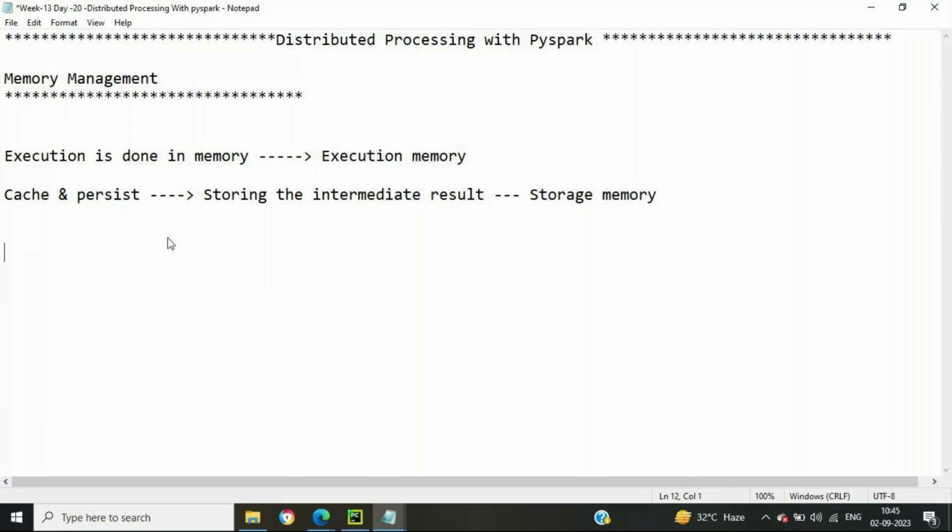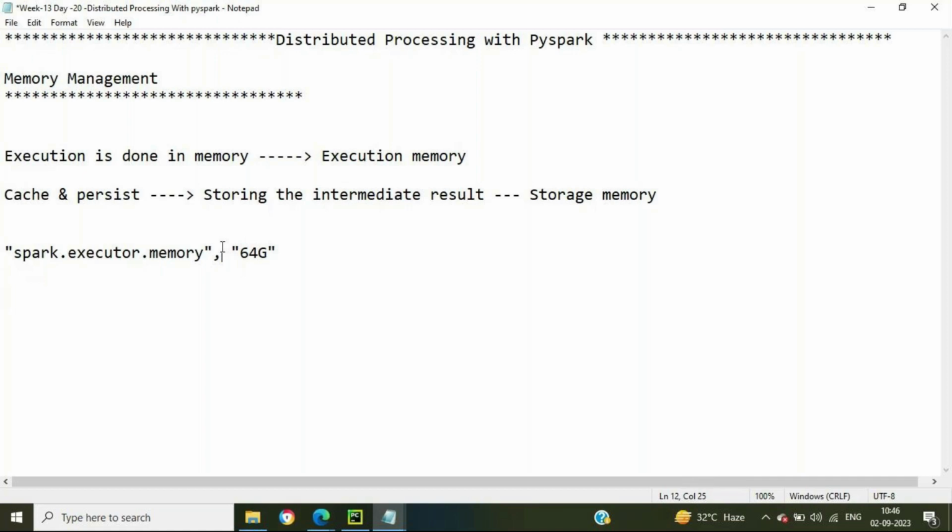Say I set spark.executor.memory to 64 GB.